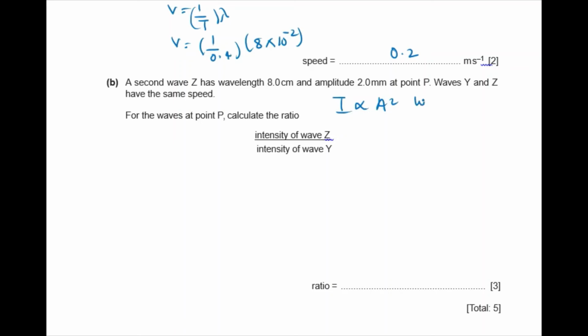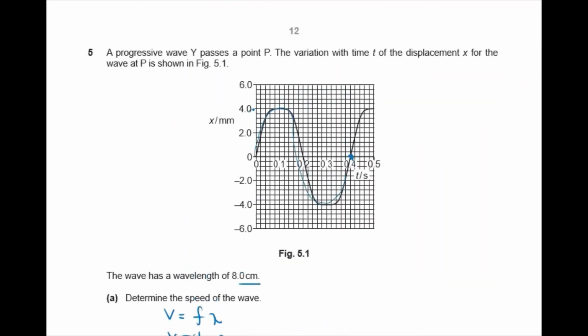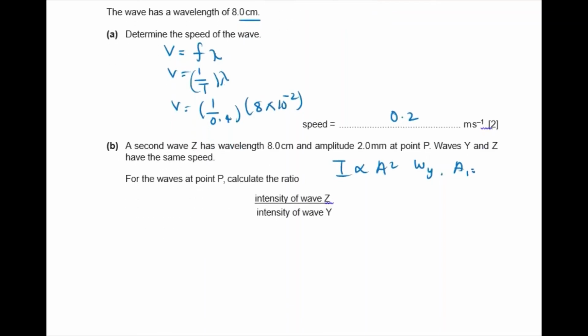For wave Y, the amplitude is 4 mm, and wave Z amplitude is 2 mm.